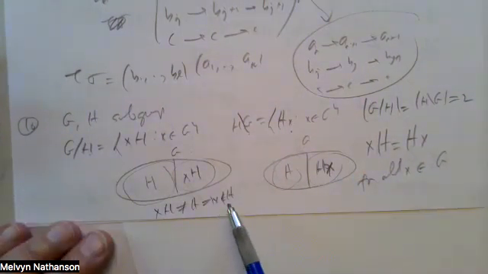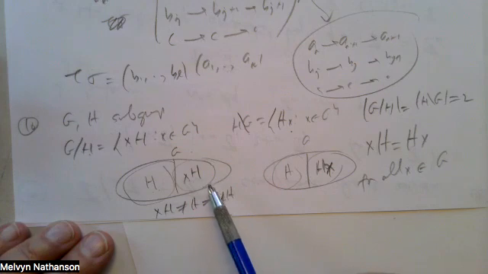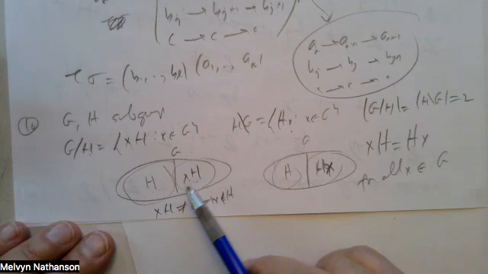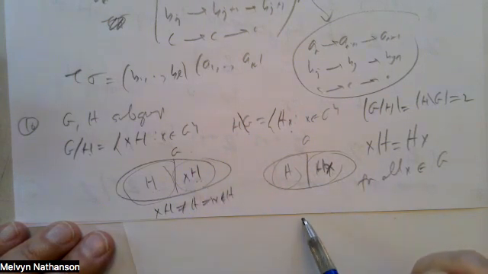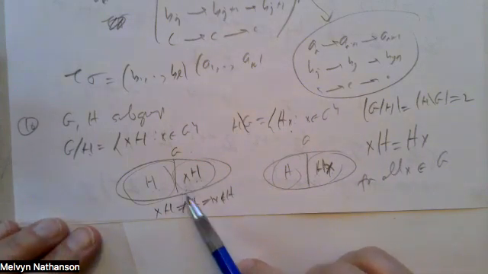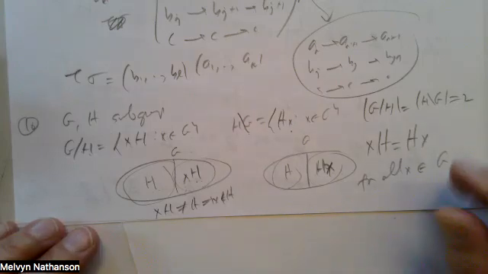Right? If there are only 2 left cosets and only 2 right cosets, the subgroup H has to be normal. If I look at xH and Hx, they have to be the same. They're either both equal to H or they're both not equal to H, in which case they're equal to each other. That's a proof.